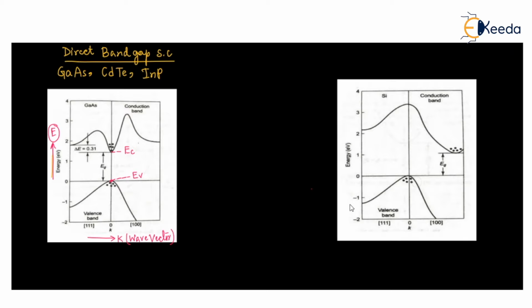The maximum value of the valence band is EV, and the minimum value of the conduction band is EC. Both of them occur at the same value of k. That's why it is a direct bandgap semiconductor.